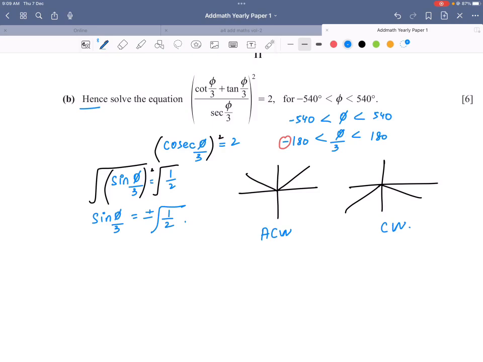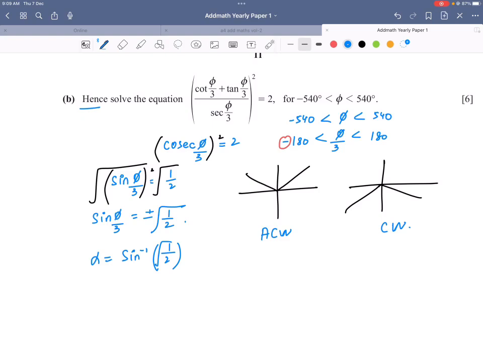So first we need to find out the value for alpha. So alpha is equals to sine inverse of 1 over root 2. Let me find out the value of sine inverse of 1 over root 2.